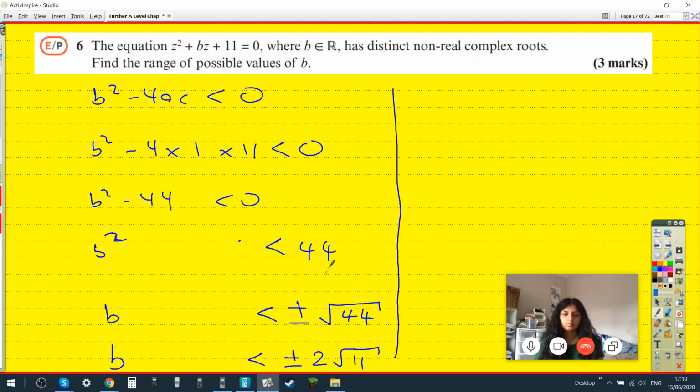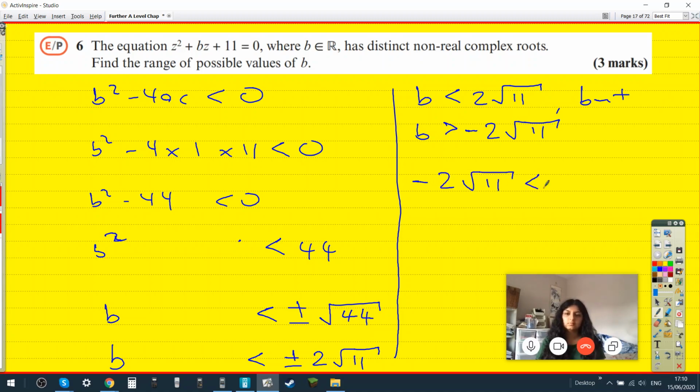You're half right. B is less than 2 root 11, but b is greater than the negative one. For the negative one, the sign will change the inequality. Oh, yeah. Right. And so it will be b between minus 2 root 11 and positive 2 root 11.